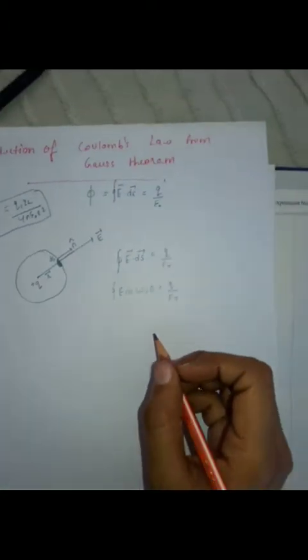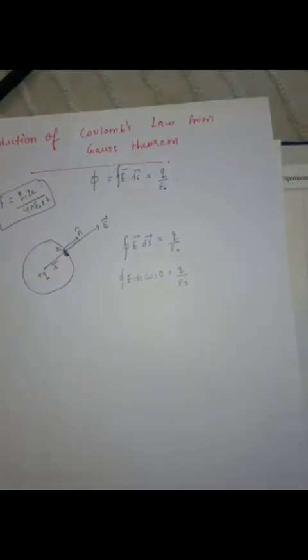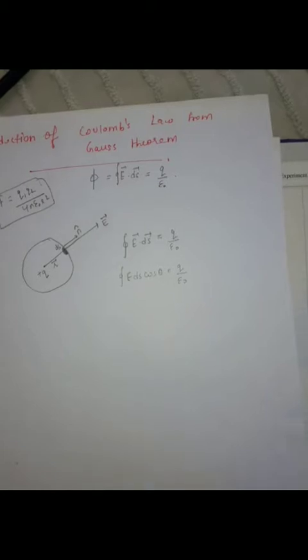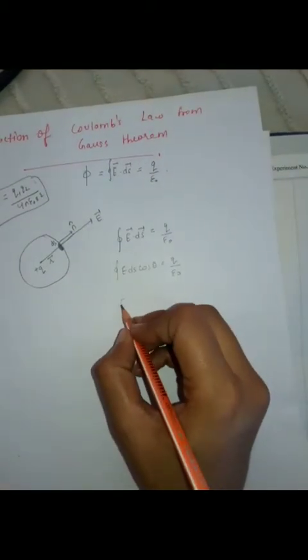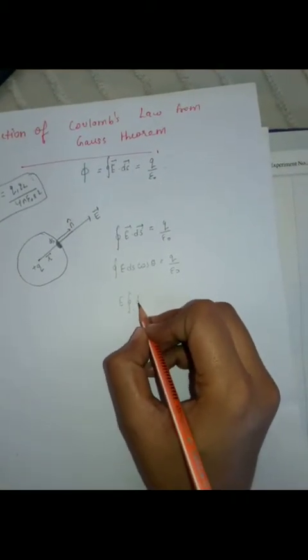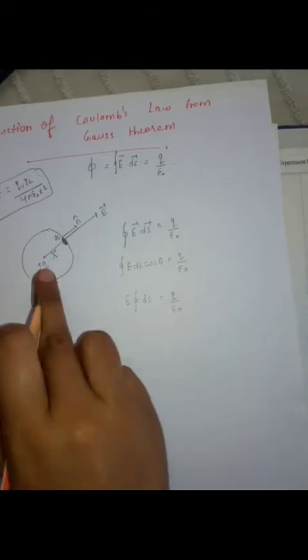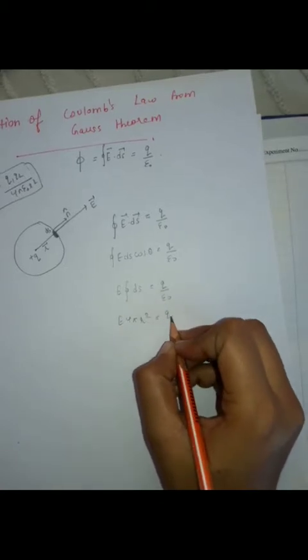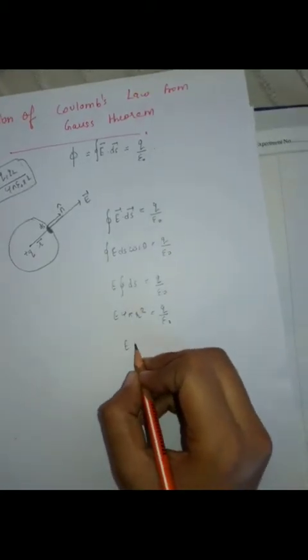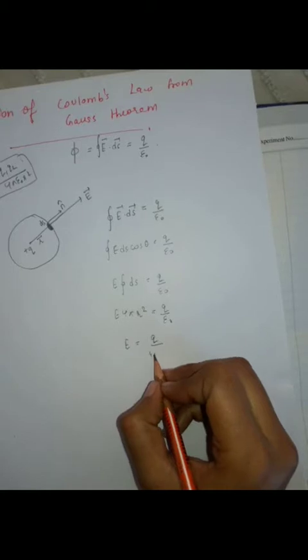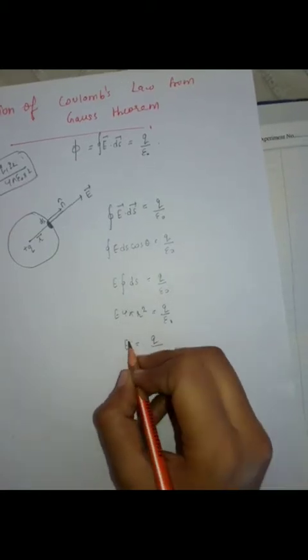For the cos theta, since they are both in the same direction, theta will be equal to 0, which gives E times the closed surface integral of dS equals Q upon epsilon naught. And dS is the surface area, and the surface area of the sphere is 4 pi r square, so E times 4 pi r square equals Q upon epsilon naught, and E equals Q upon 4 pi epsilon naught r square.